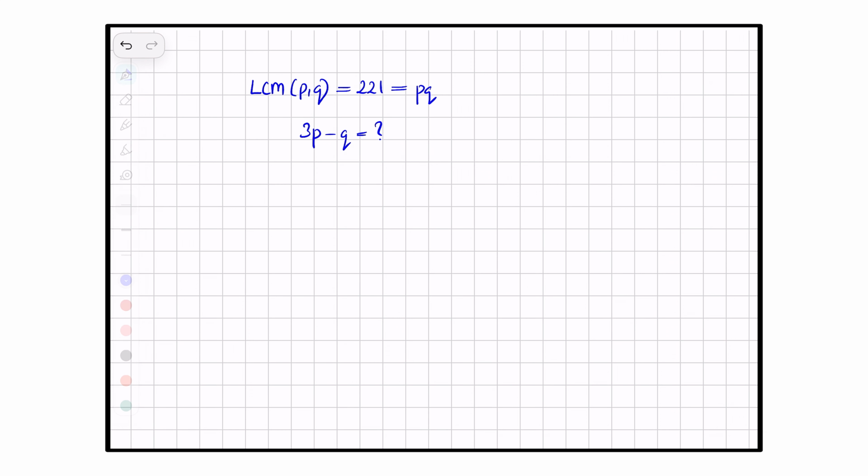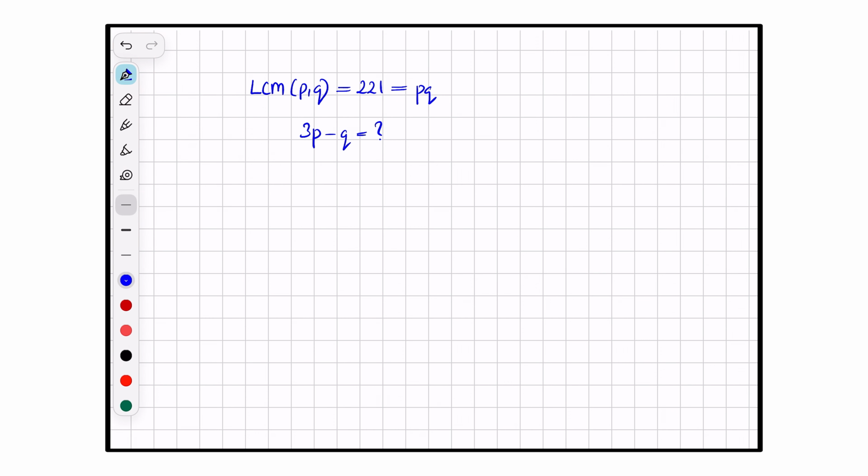In this problem, 221 is relatively a small number, and it is a result of a product of two prime numbers. So we can quickly think of two prime numbers such that if I multiply P and Q, it should get 221. So what we can do here is think of the values of P and Q such that when I multiply PQ, it will end up with some number having 1 as the last digit.